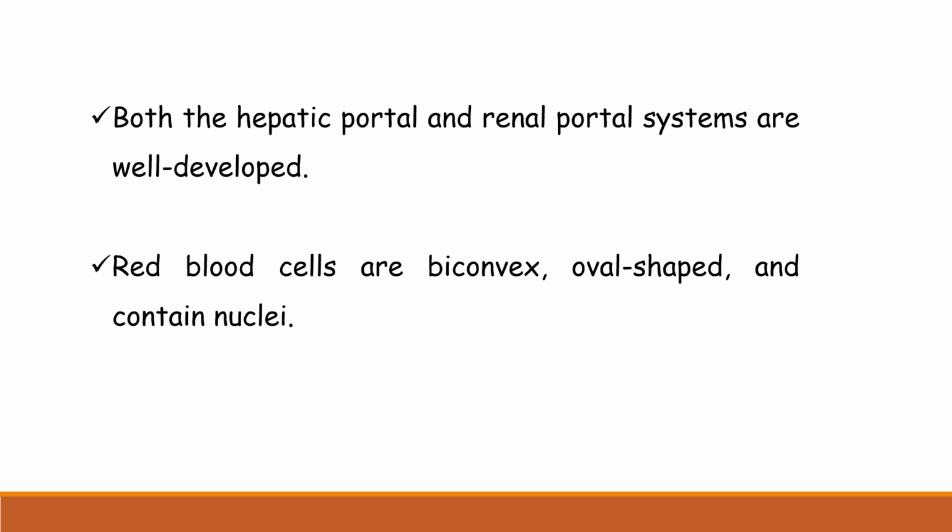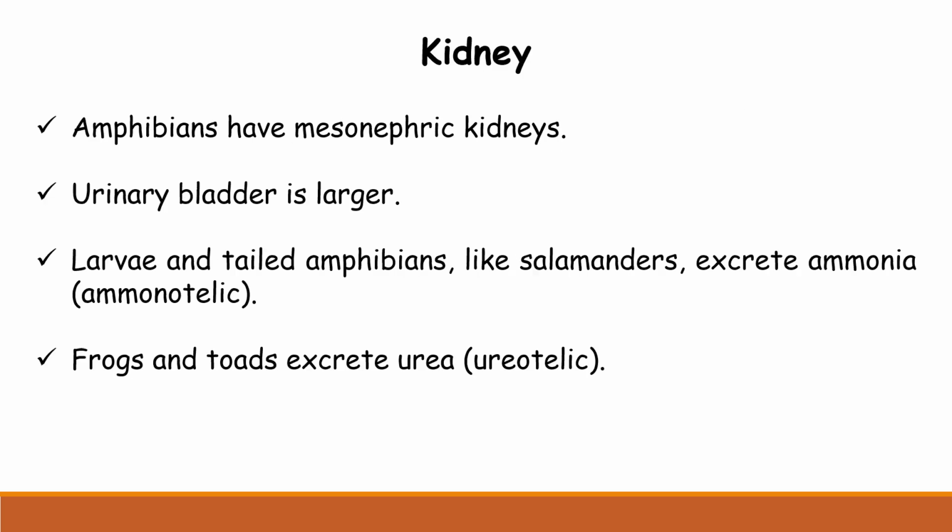Both hepatic portal and renal portal systems are very well developed in amphibians, and the blood contains red blood cells which are biconvex and oval in shape, and they are nucleated cells.